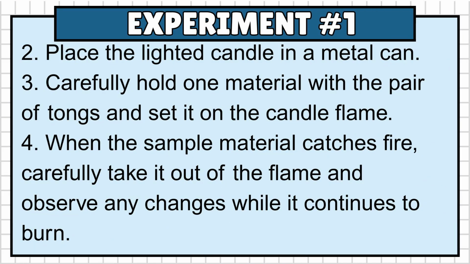Two. Place the lighted candle in a metal can. 3. Carefully hold one material with the pair of tongs and set it on the candle flame. 4. When the sample material catches fire, carefully take it out of the flame and observe any changes while it continues to burn.